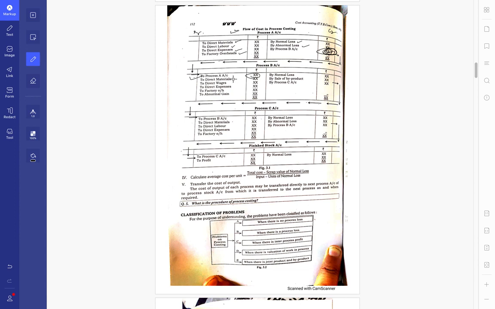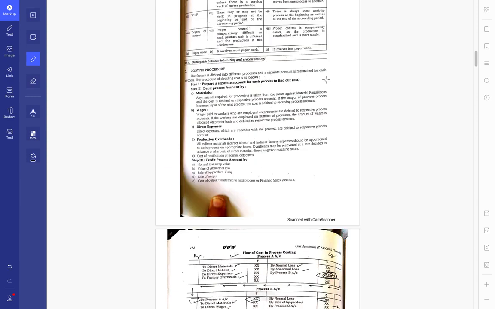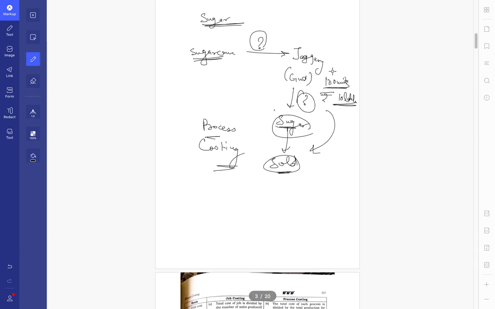Again, if we are using any other direct material, we'll add those, any direct wages for the second process, direct expenses, factory overheads. We'll add this over here. Now here you will see an abnormal gain, which I'll come on to later. Then again, normal loss, sale of byproduct. Let's say out of this 100 units, you are selling off 2 units.